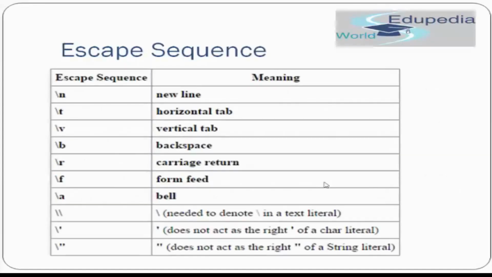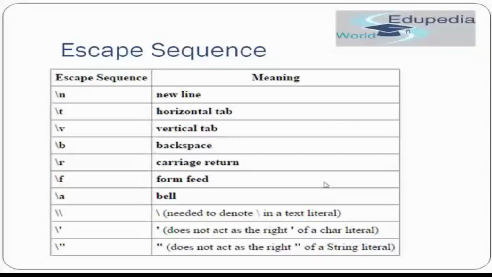Earlier we talked about some escape sequences which can be used in a string or char literal. Let's study what kind of escape sequences are available in Java. We have slash n, which is for a new line. Then we have slash t, which is a horizontal tab, which gives you tab space.